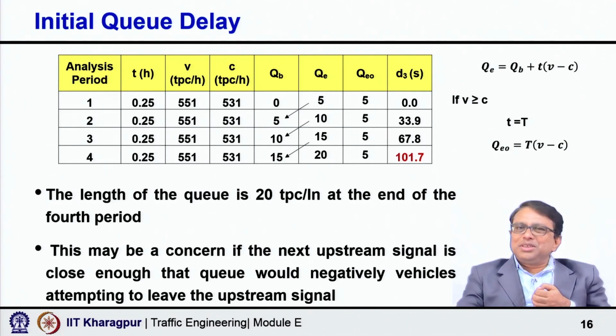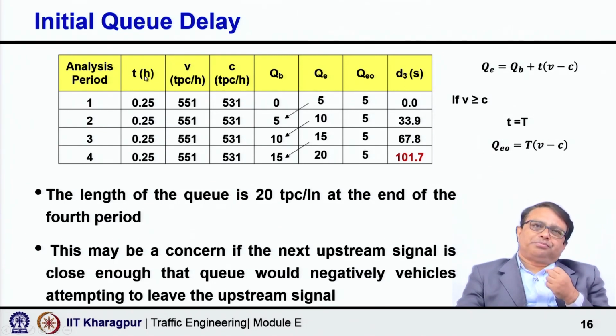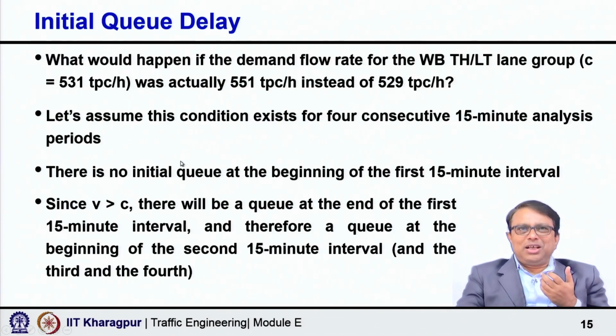What will be the calculation in that case? We are considering 4 consecutive analysis periods each of 15 minutes or 0.25 hour, and V is 551 in all of them. We have assumed that.